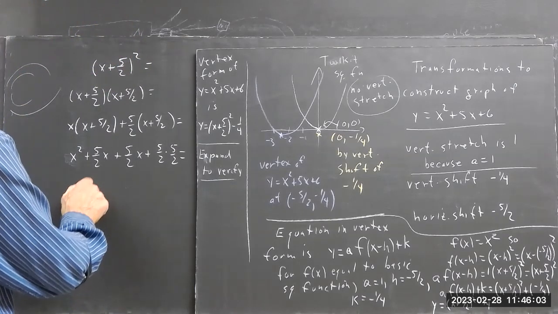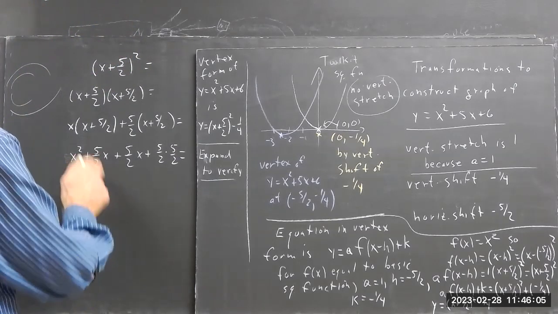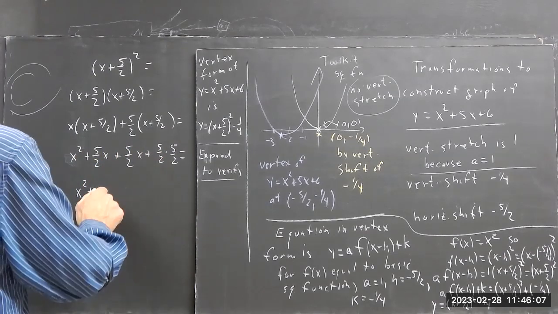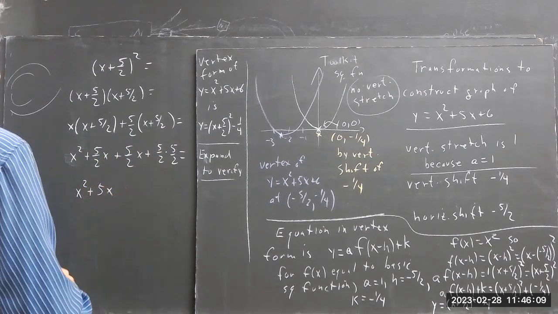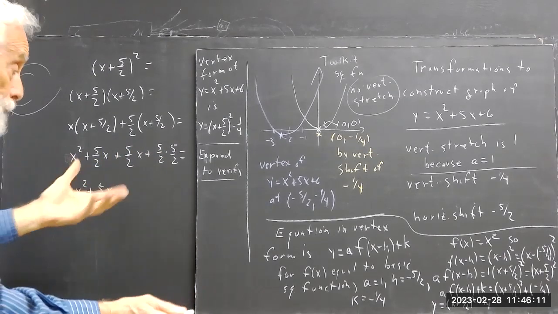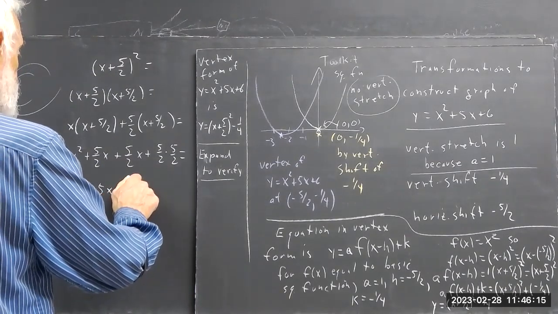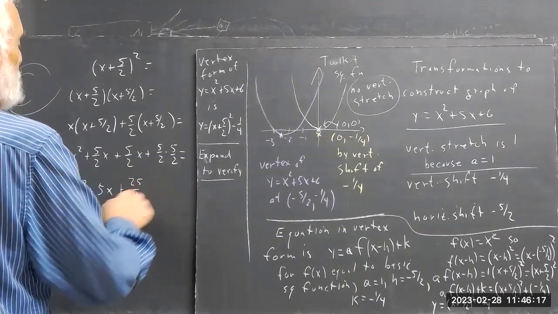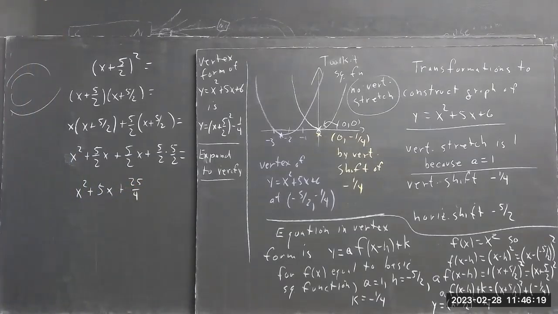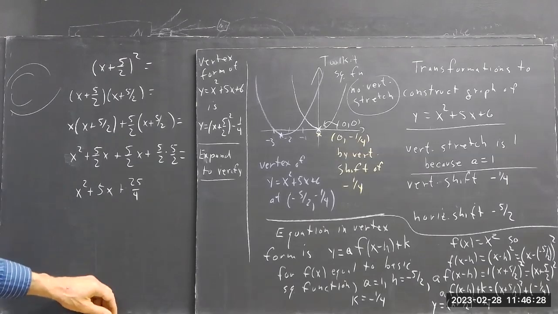Okay, so that's x squared. 5/2 x and 5/2 x. Double 5x. 5/2 and 5/2 is 5. That's basic fractions. And that's 25/4. I think you aren't going to get this unless you write it out in this form.